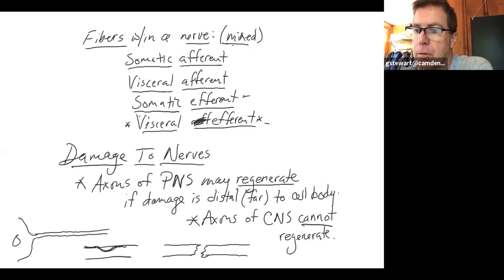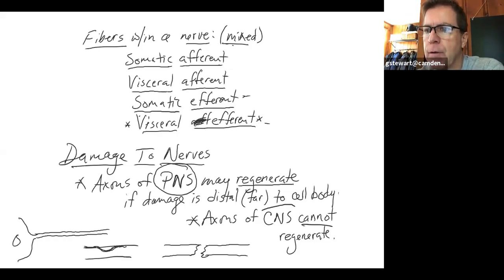And that's pretty much true. Cells in the central nervous system, once they're damaged, are pretty much gone for good. And the difference between the two, the ability of peripheral nervous system neurons to regenerate as opposed to central nervous system, is based on this. I'm going to just jump to a new whiteboard.